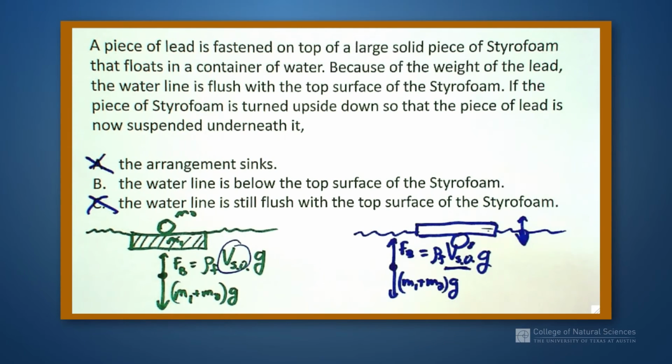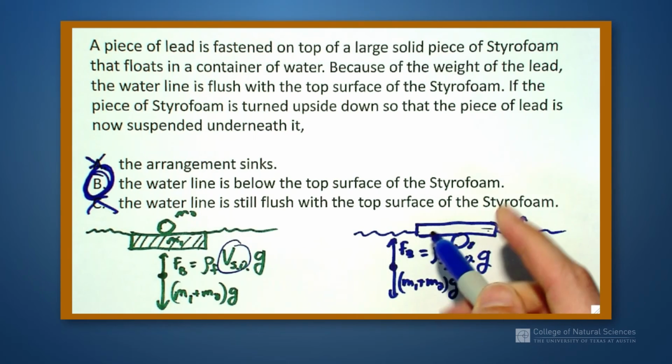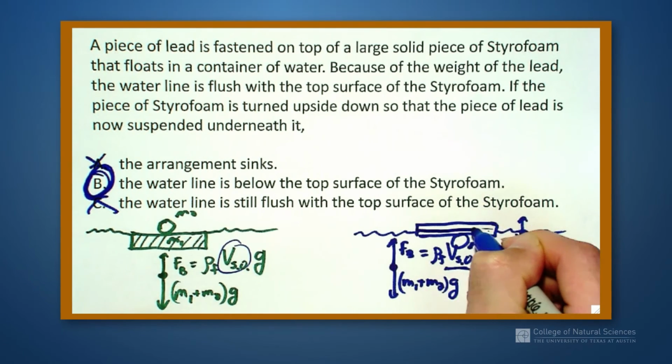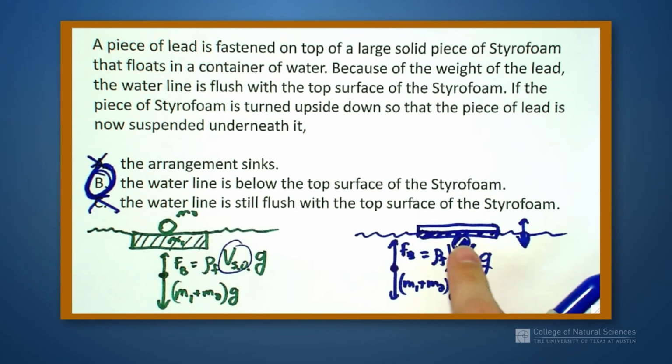We won't rise or fall. So the water line is below the top surface of the styrofoam. So this is the right answer. Our submerged volume will be the same volume as before, but it won't be all the way up to the top of the styrofoam.